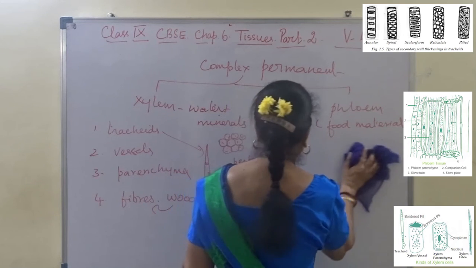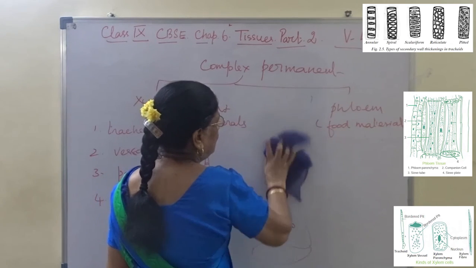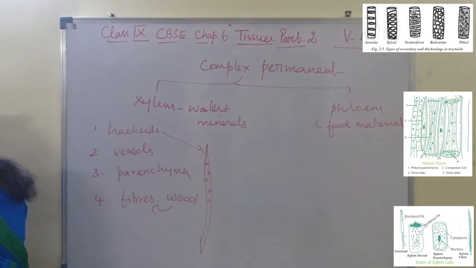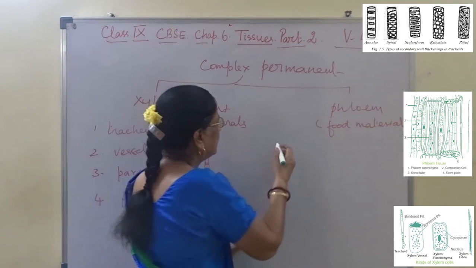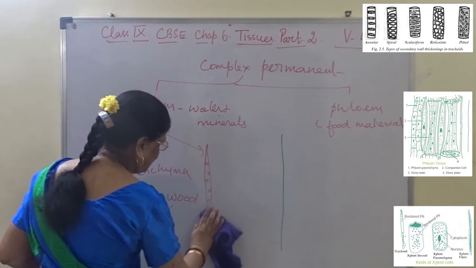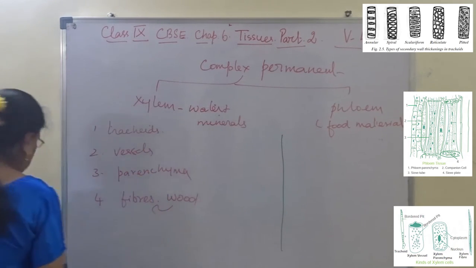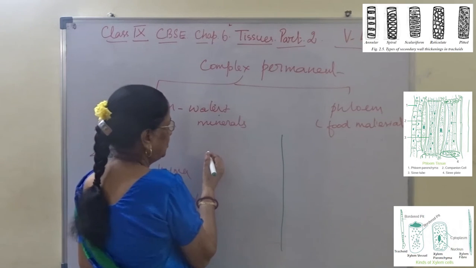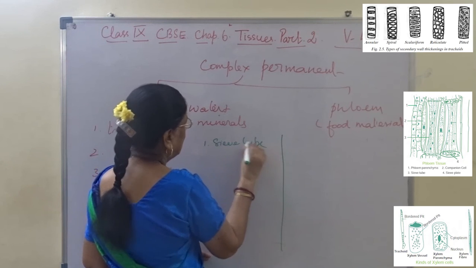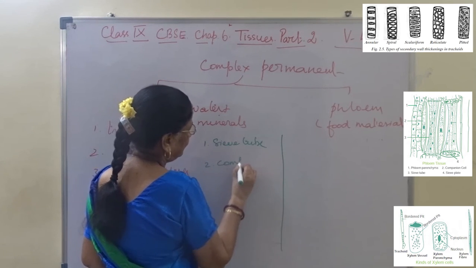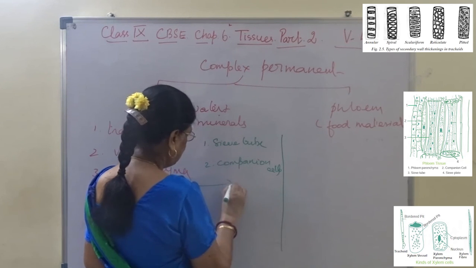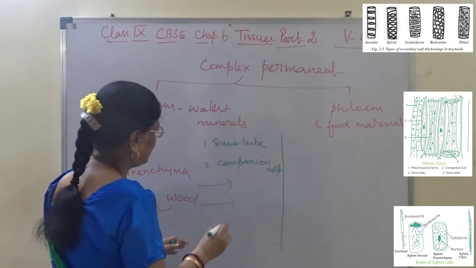The next one is phloem. Phloem is conducting food material. The components, the tissues, are cells. Phloem is formed of sieve tube, companion cell, phloem parenchyma, and phloem fiber.